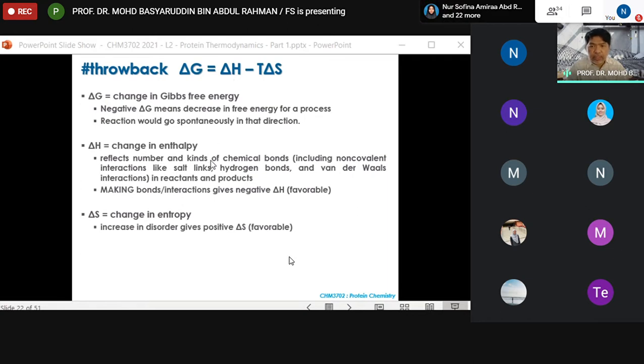Now, what we like to see here more is what kind of interaction leads to the enthalpy. So enthalpy, or H, normally reflects the number and kind of chemical bonds. I just read from this because it's very important, including non-covalent interactions like salt links, hydrogen bonds, and van der Waals interactions in reactants and products.